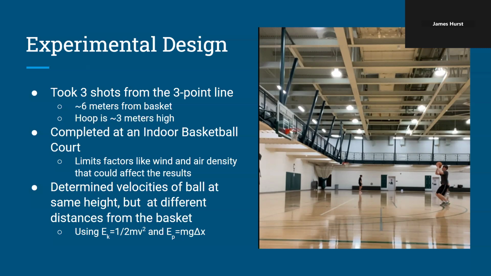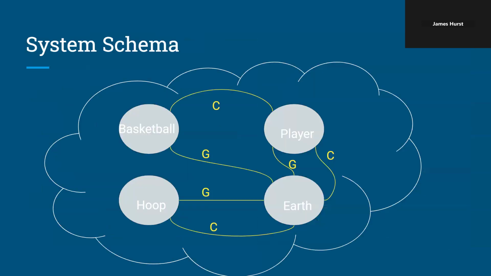And I determined the velocity of the ball at the same height but at different distances from the basket, one being when it's going into the basket and at same height in the ascending motion right after the shot release. And I recorded this, put this in the tracker, and analyzed the Y position throughout the shot. And I also did calculations utilizing the kinetic energy equation and the potential energy equation.